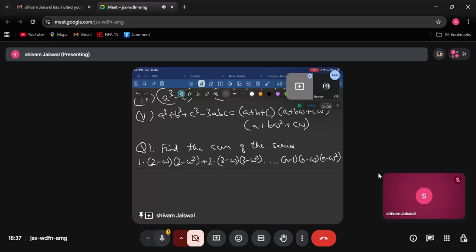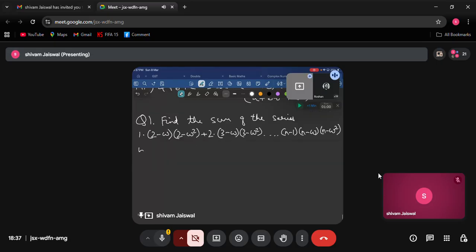Solve. Where omega is the cube root of unity.